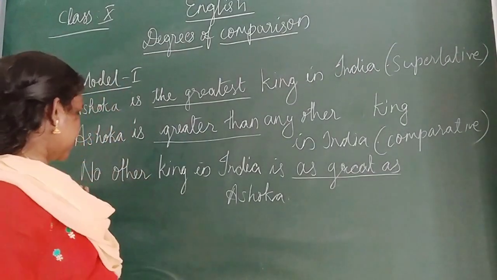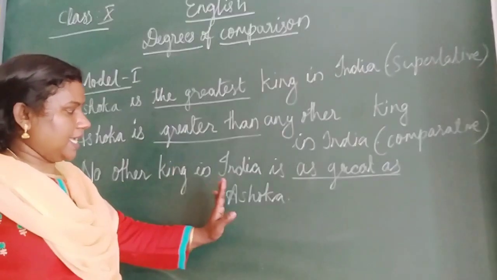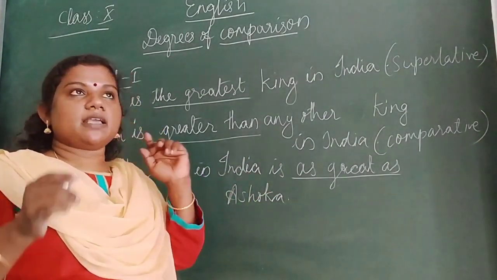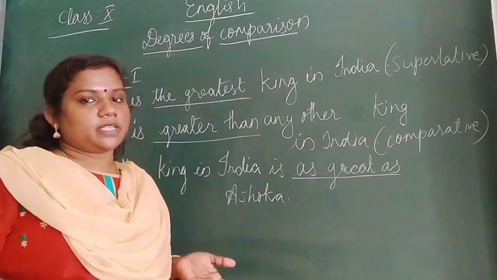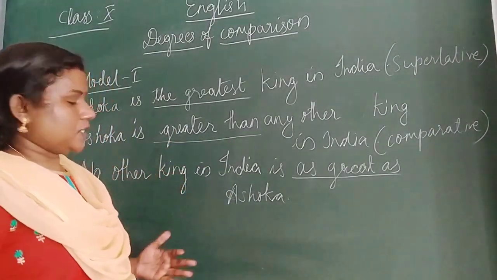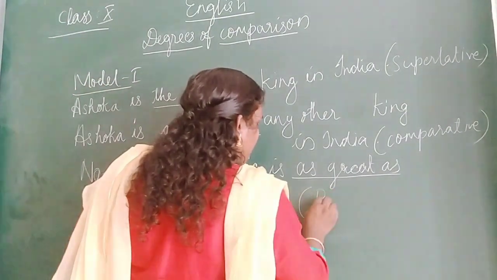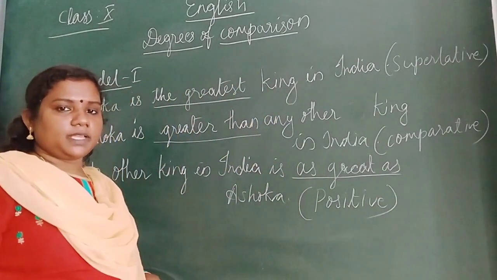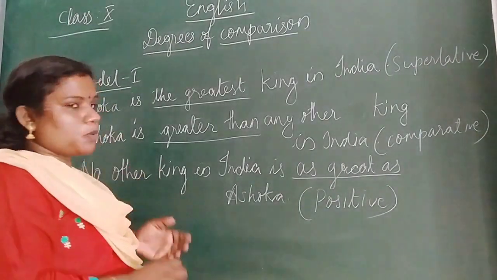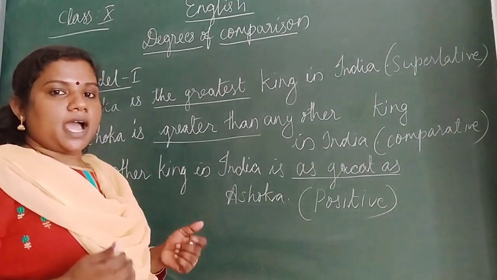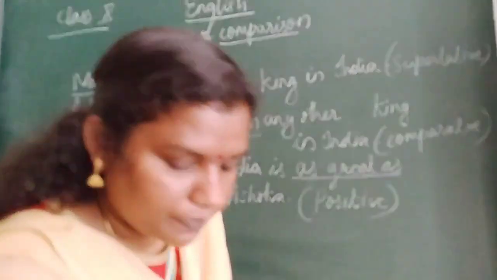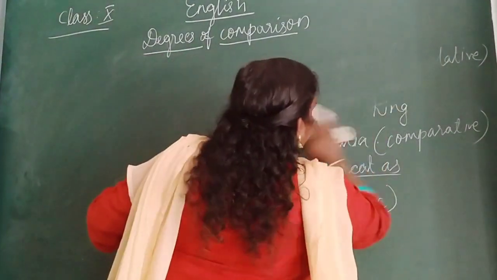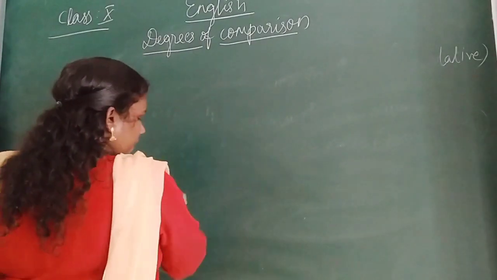In some books you can see "so great as", and that is also correct. So "so great as" or "as great as Ashoka" we can write, and in brackets we mention that this is the positive degree. Clear, students? So this is model 1. You should learn this model 1 properly.